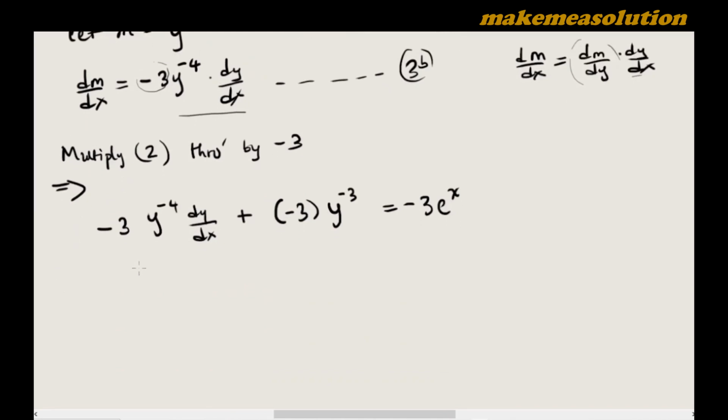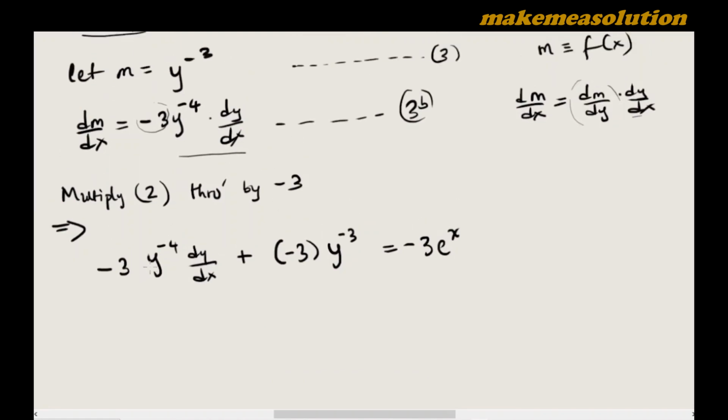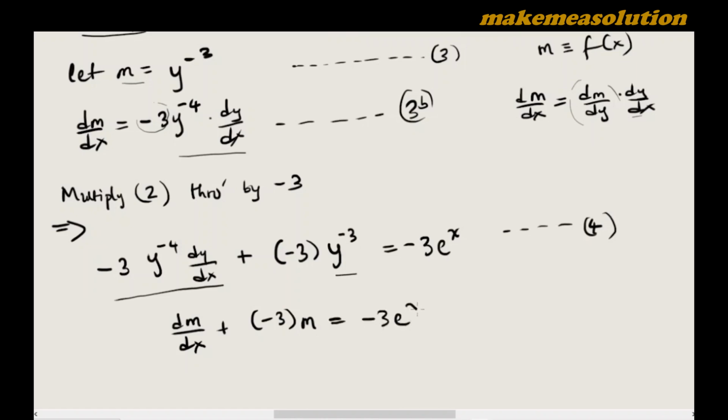Now you can see that at this juncture, this equation 4 is transformable in terms of m. The first term of equation 4 can actually be written in terms of dm dx, and the second term, y raised to the power of minus 3, can be kept as if it was m. So this minus 3y to the power of minus 4 dy dx now becomes dm dx, then plus minus 3, then y raised to the power of minus 3 becomes m, and this is equal to negative 3 exponential x.